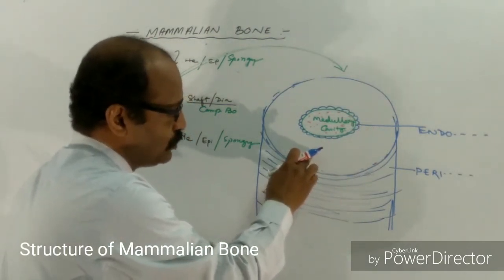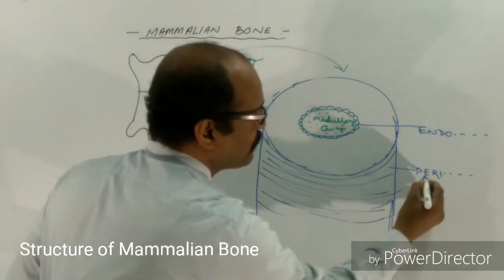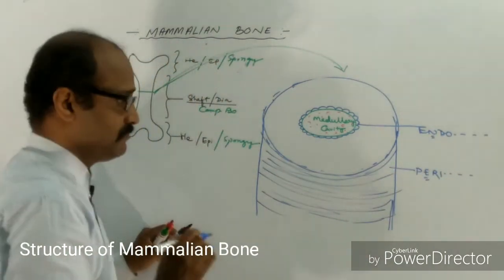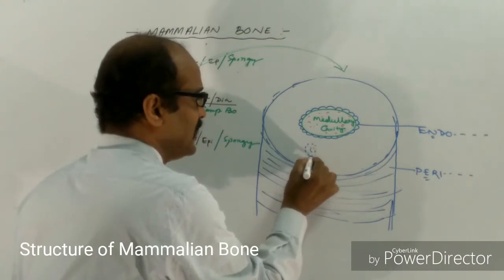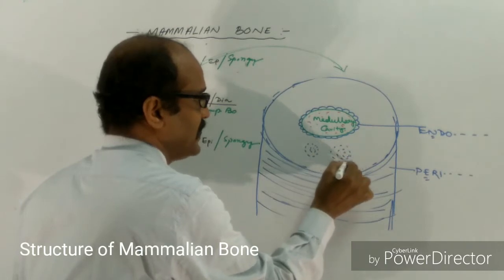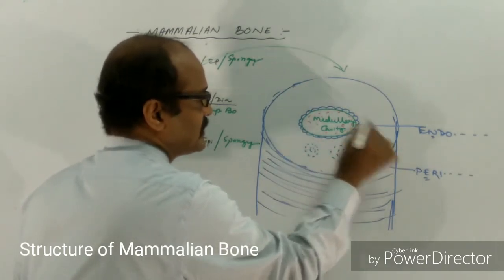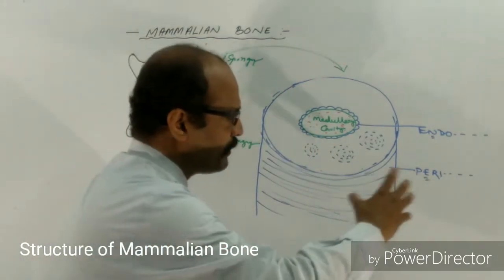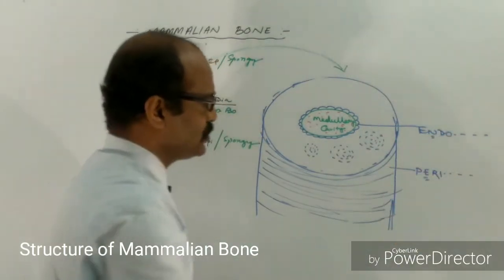Such bone cells are cut off from the vascular supply of the periosteum as well as the endosteum.